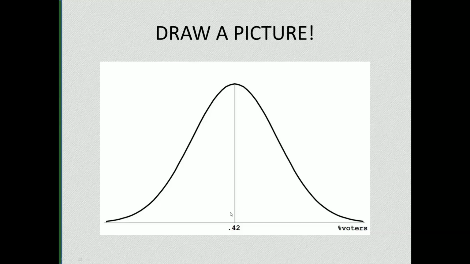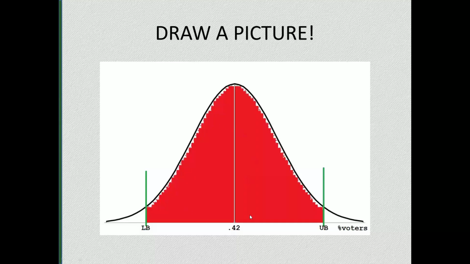Basically, we're trying to establish some boundaries, a lower bound, an upper bound, so that we're pretty sure the true unknown answer is in here. We're going to cover a certain percentage of the curve. And the percentage of the curve, the amount of confidence that we have, is up to us, but it's fairly traditional to look at 95%.